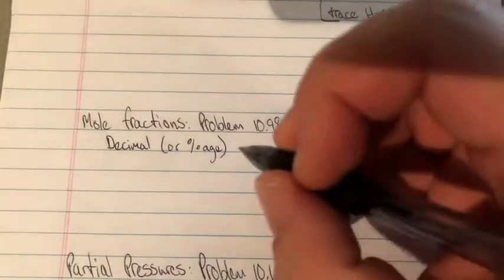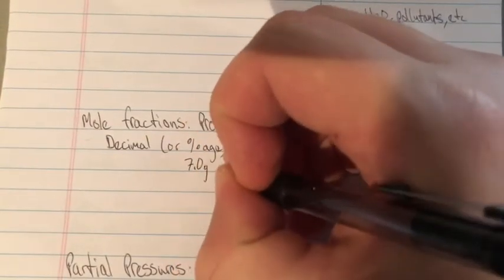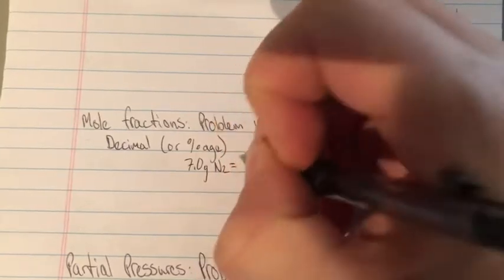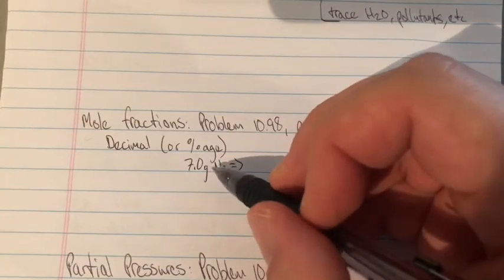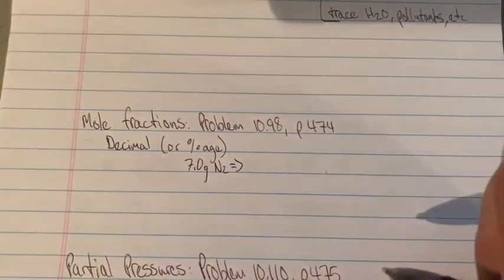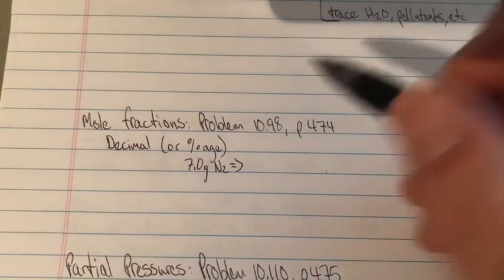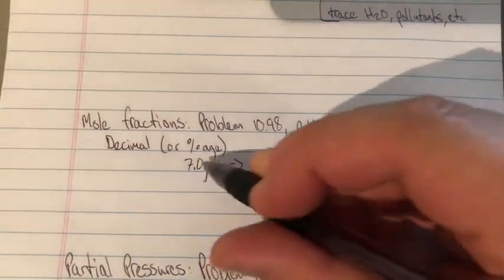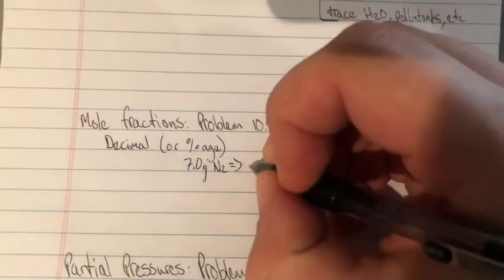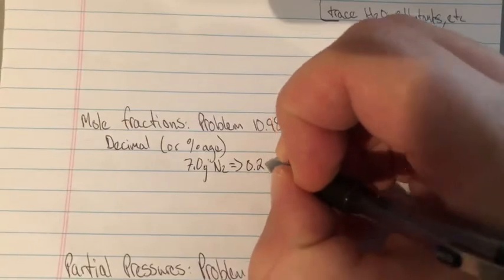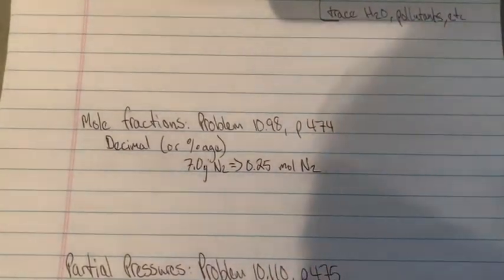So just converting 7 grams of N2 to moles, remember there's going to be 14 grams for nitrogen per mole. So if there's 2 equivalents, that means that 7 is going to be divided by 28 to give you 0.25 moles of N2.